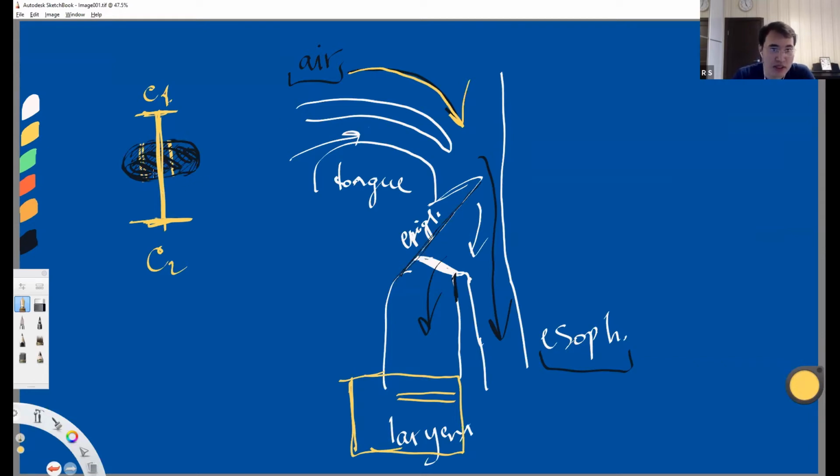The particles of food can go through these folds and get to the trachea and bronchi. We have the trachea here and bronchi like this. So let's say the particles are in the diameter of these guys.